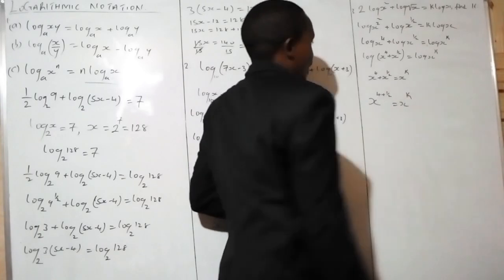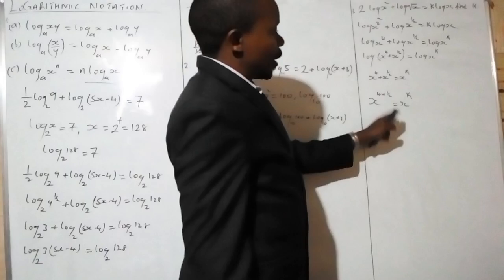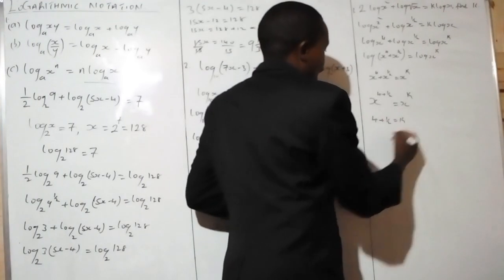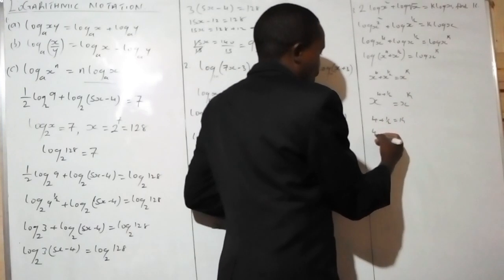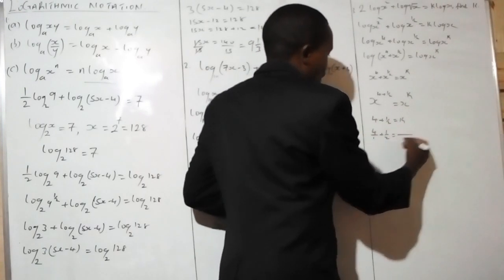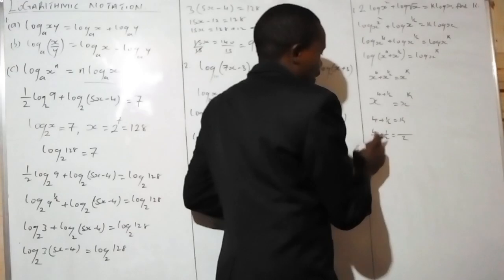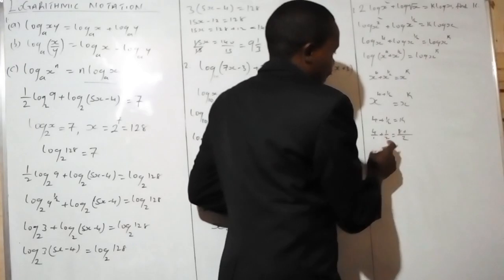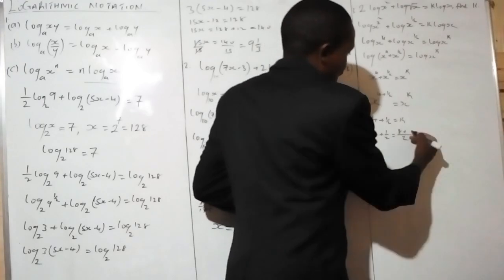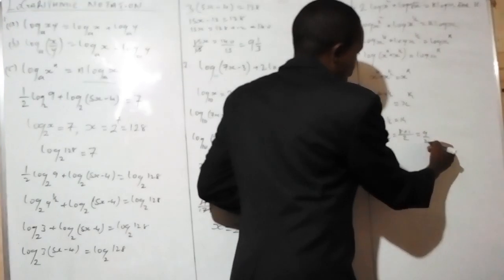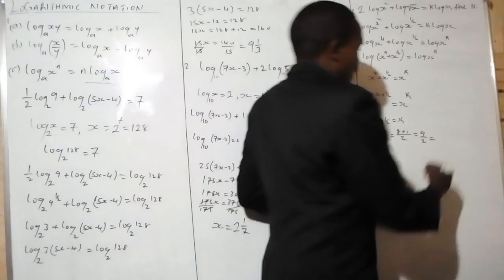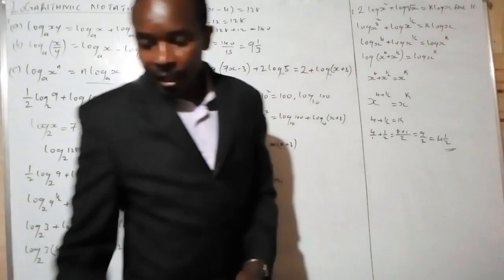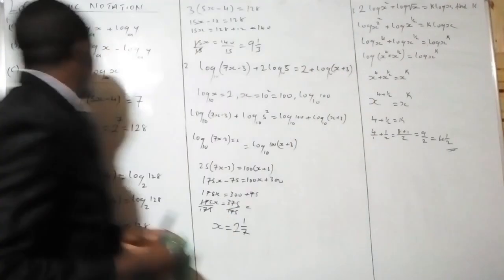The bases are again common, drop the bases, work out the powers. 4 plus a half is equal to k. 4 over 1 plus 1 over 2, LCM is 2. 2 divided by 1 is 2, 2 times 4 is 8, plus 1, to have 9 over 2. 9 over 2 is the same as 4 and a half. And that is the correct answer. We proceed.